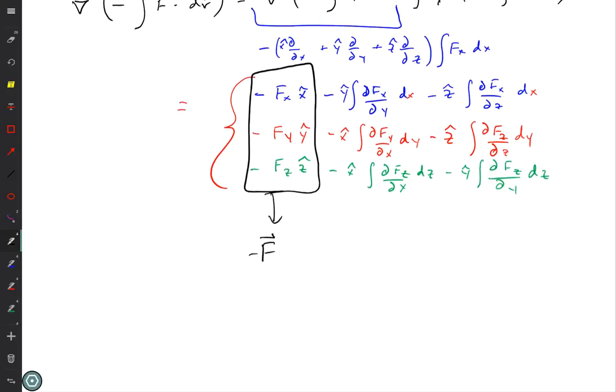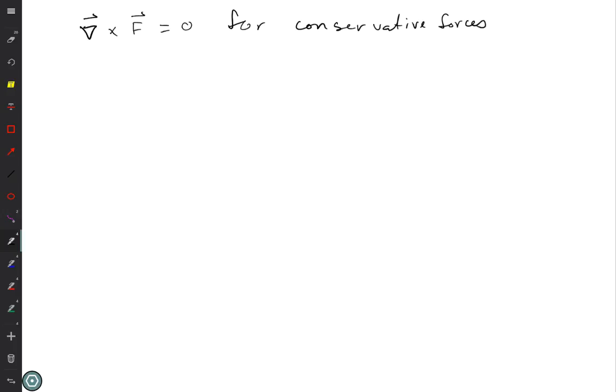Well, here's what gives with those. If we look at our curl relationship, we had for conservative forces, that curl is equal to 0.